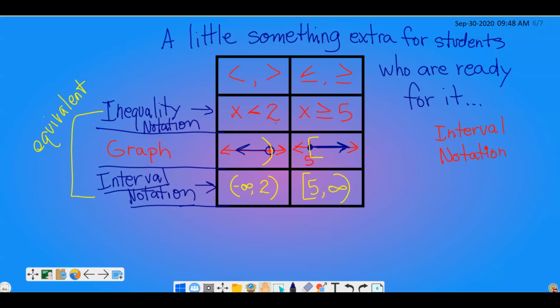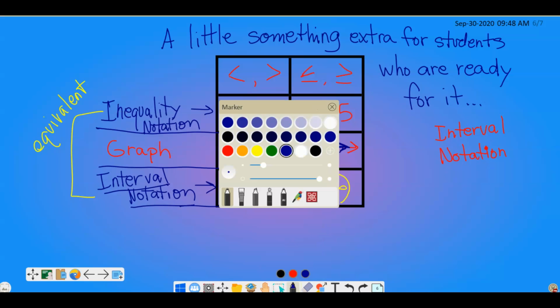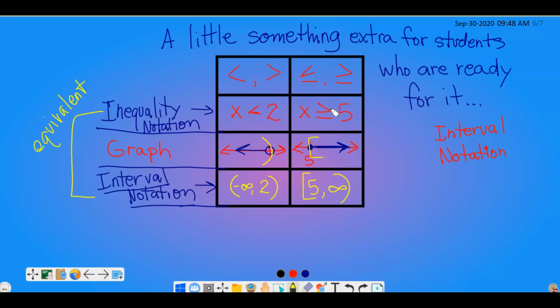A parenthesis, I'm going to draw this in yellow for you real quick. Parentheses equal the same thing as less than or greater than. All right, whatever number is written right next to the parenthesis is not part of the solution set. And instead of x, you can see here we have negative infinity.